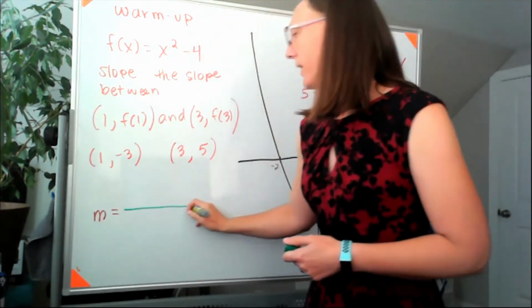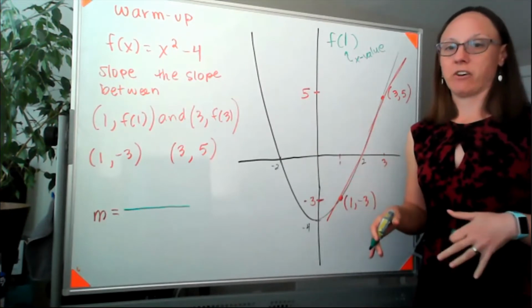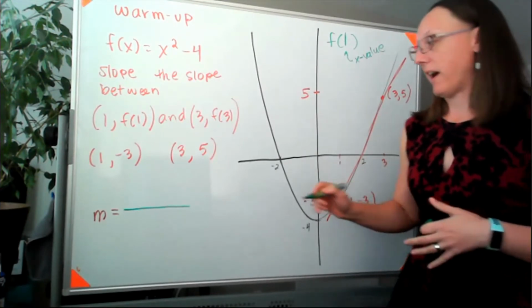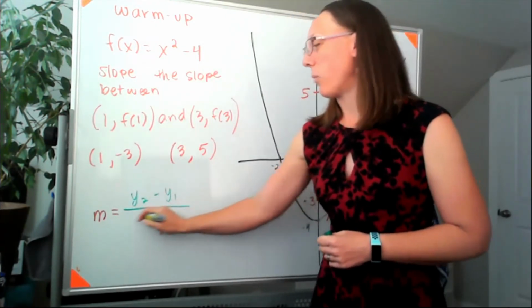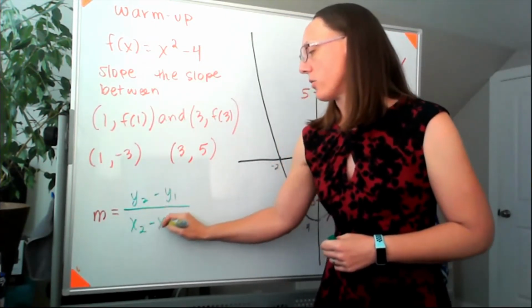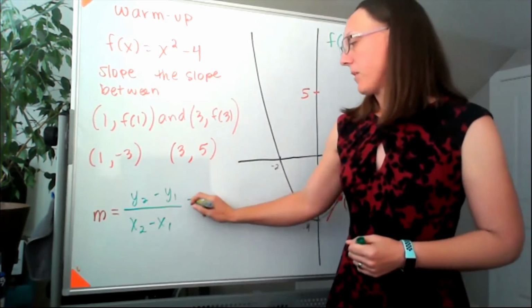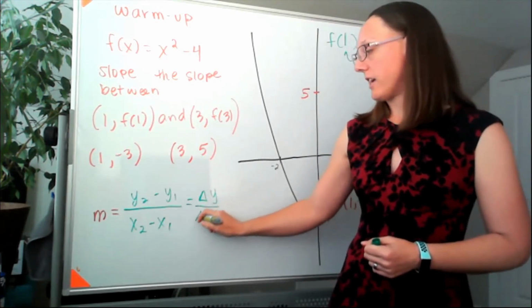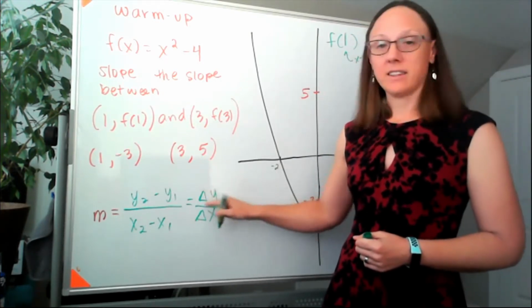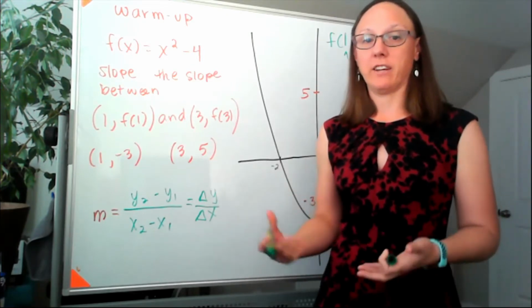So you can also think about that as y2 minus y1 over x2 minus x1, just giving some different notations. Or when we talk about change in y over change in x, this little triangle is our mathematical notation to mean a change in.